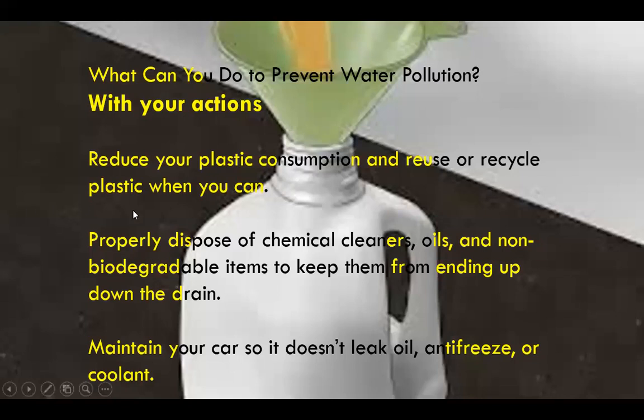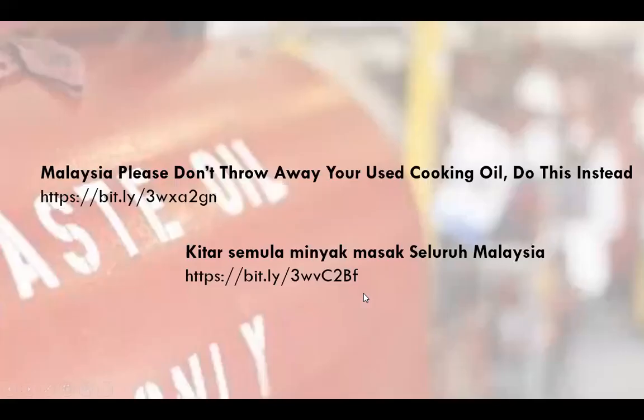Properly dispose of used oils and non-biodegradable items. Don't just pour them into the drain. Properly dispose of them at the right dump sites or the recyclers. And make sure our vehicles don't leak oil, antifreeze, or coolant.